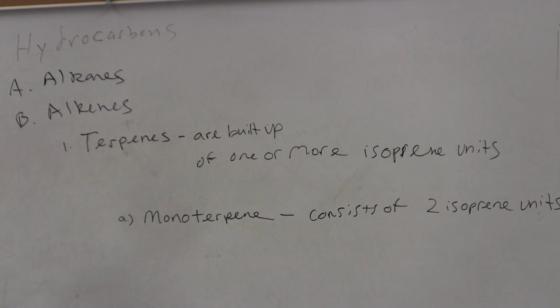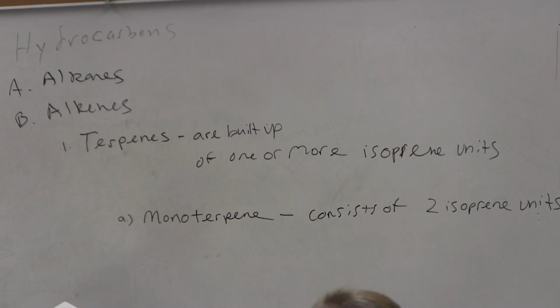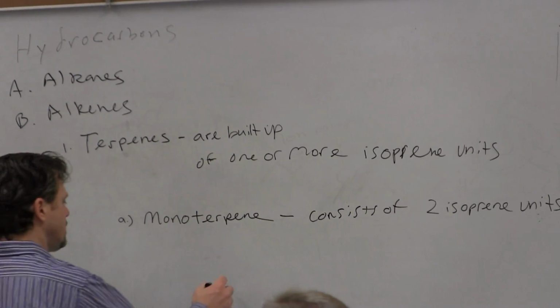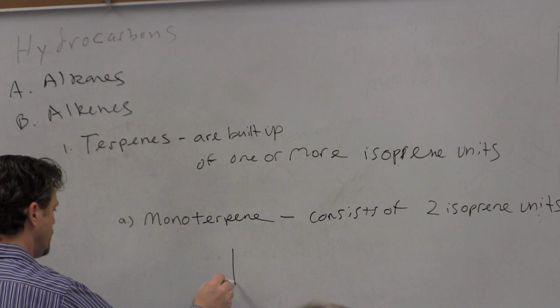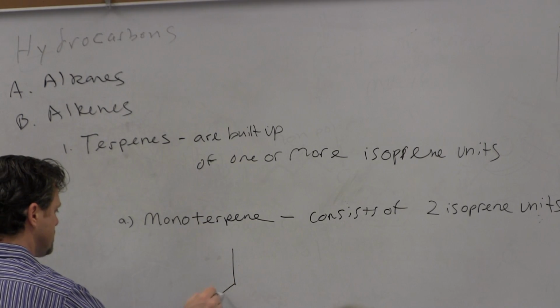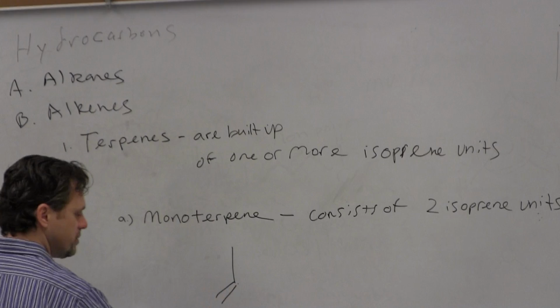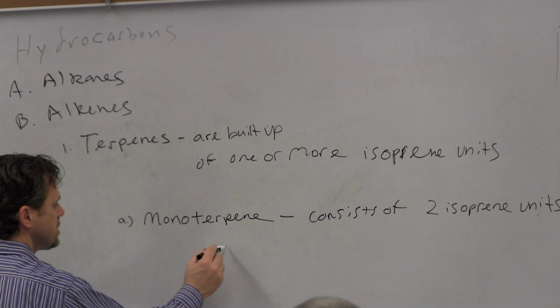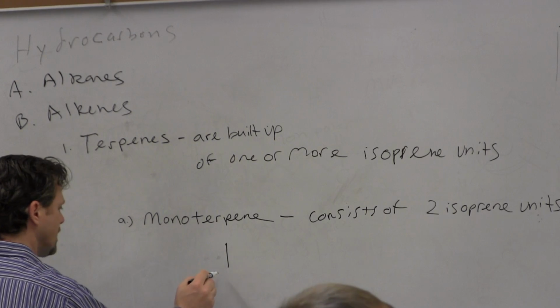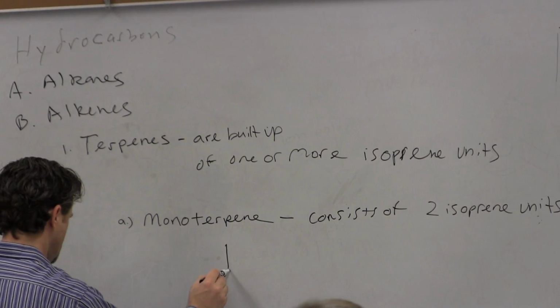So let's take a simple example, the formation of a monoterpene. You could imagine one such process. Even though this might not occur in a plant, this would be an easy way to imagine how it could occur.